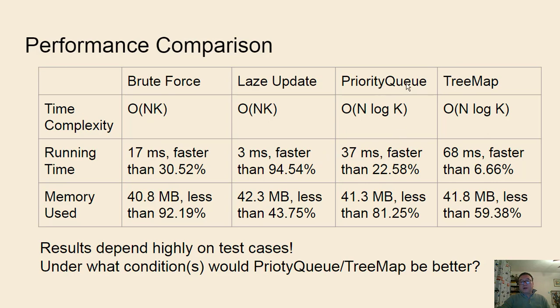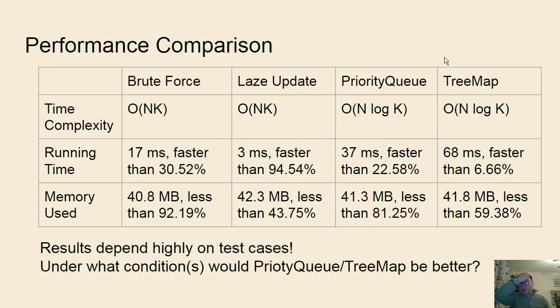The priority queue and TreeMap are complexity-wise better: instead of nk, they are n log k. But they have a bigger constant factor, because we have to use this extra data structure to maintain things. Even though it's log k, updating it actually takes quite some operations. So it turns out they're actually slower than the brute force on LeetCode.